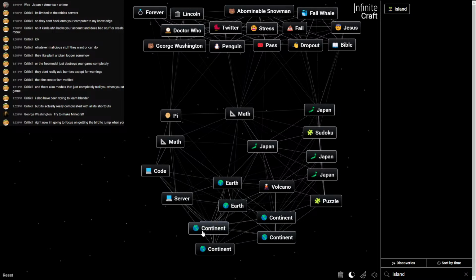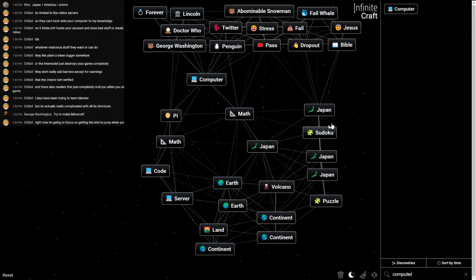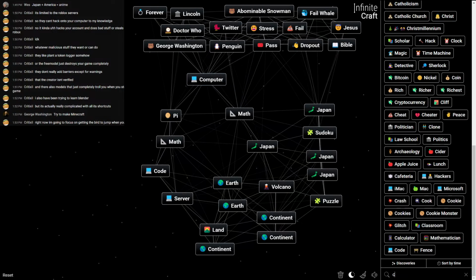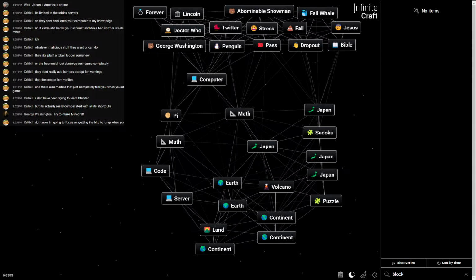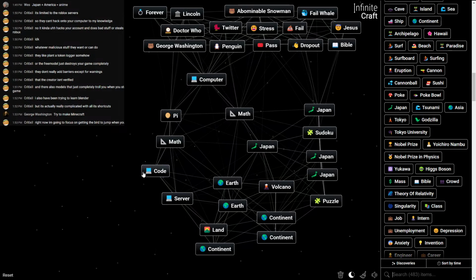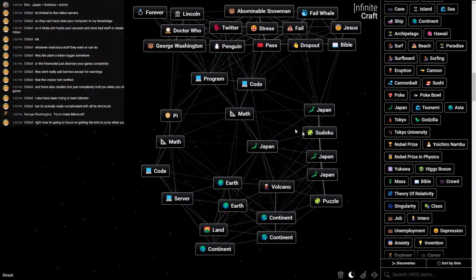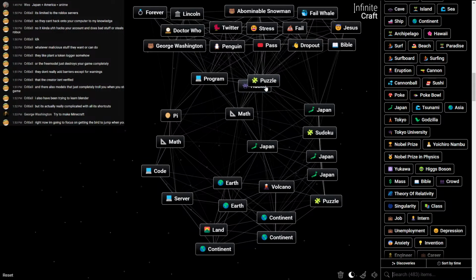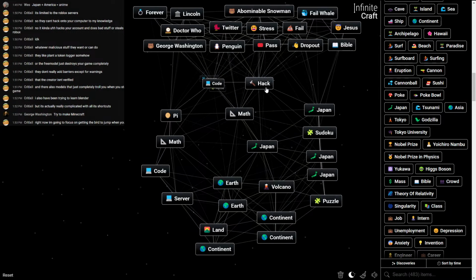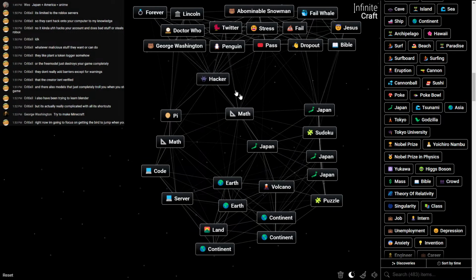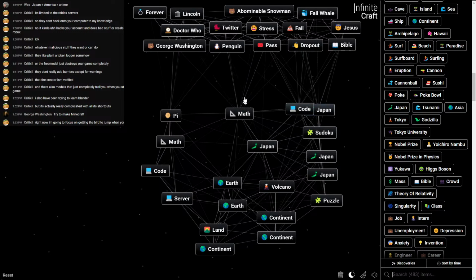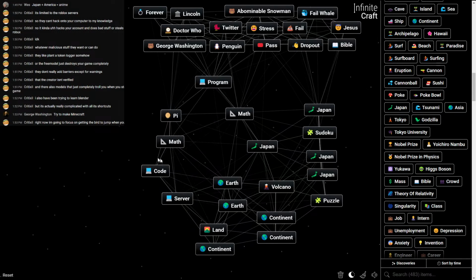A nice little keyboard input to make the character go up. Minecraft would be like computer, game, block. Maybe I can get game from like puzzle and code. Code puzzle? Sudoku? I'll try to make Minecraft.